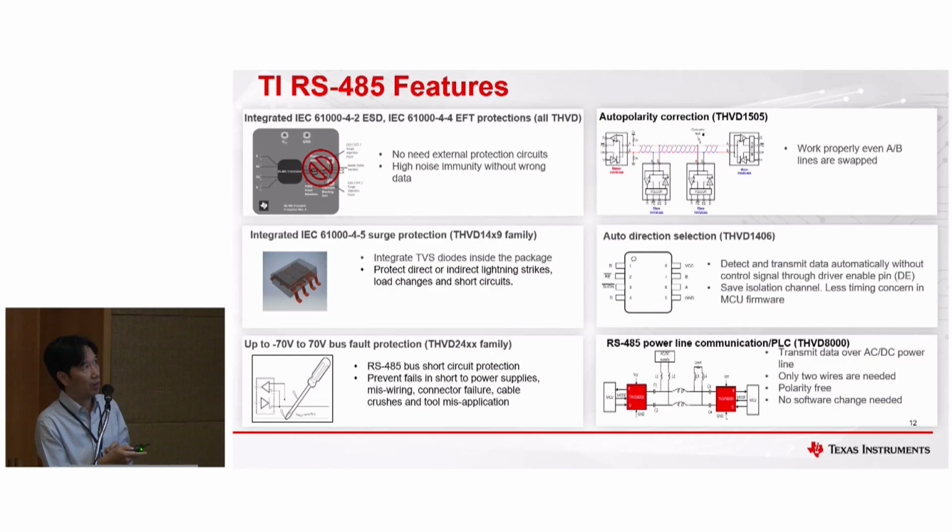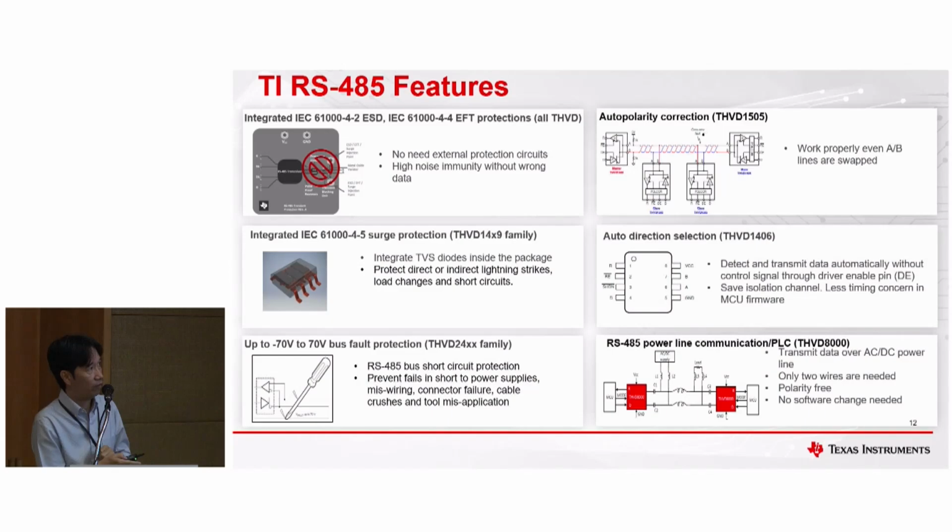The next one is the auto direction selection device family. For this kind of device, you don't need to use a GPIO pin of the MCU to control which direction of data transmission you need. This device can detect and transmit the data automatically.